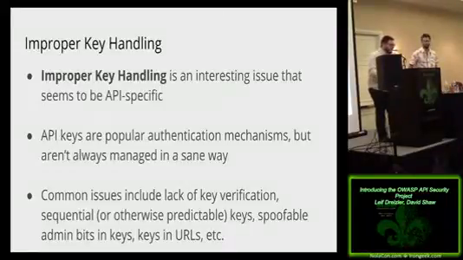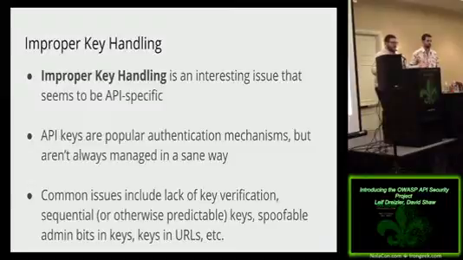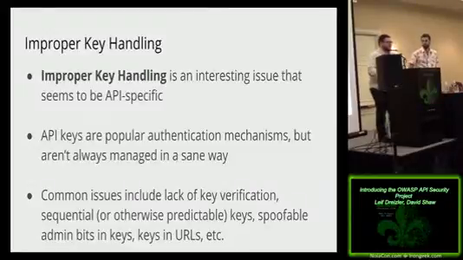We see things like lack of key verification, meaning if you have the right schema and that it's, say, 40 characters, doesn't have special characters, they say, oh, this looks like a valid key. We're going to actually allow any requests from that, which is pretty bad. Sequential or otherwise predictable keys, spoofable admin bits and keys, like having a secondary key where you're basically saying, I'm an admin. Keys in URLs, etc.